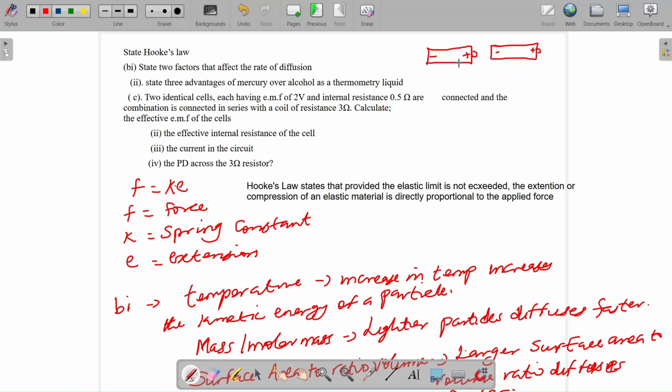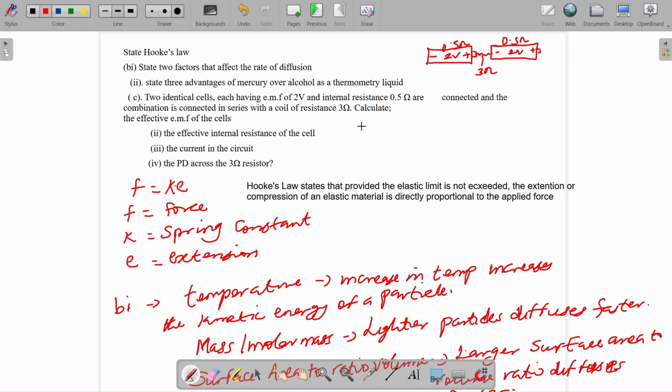The internal resistance is 0.5 ohms and 0.5 ohms. They are connected with a coil of resistance 3 ohms.